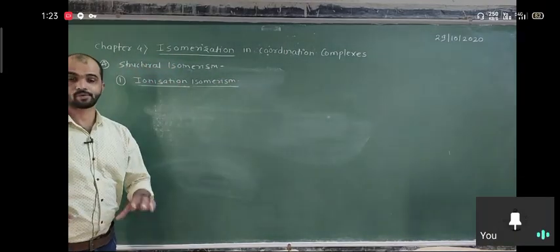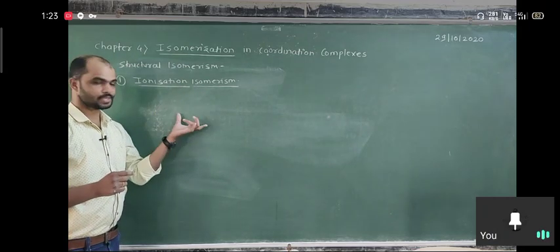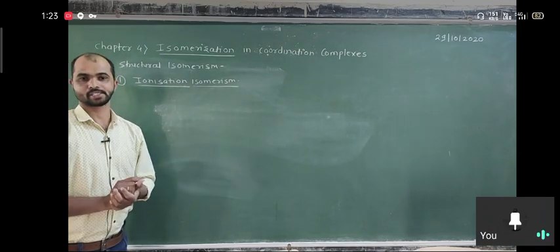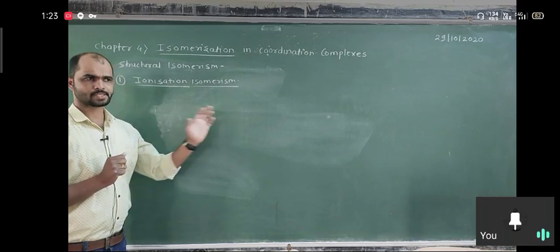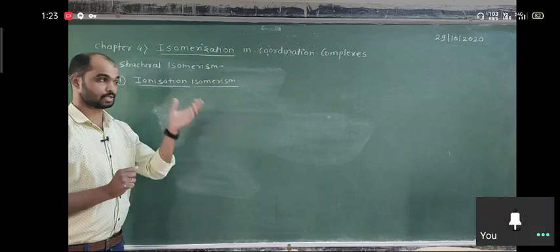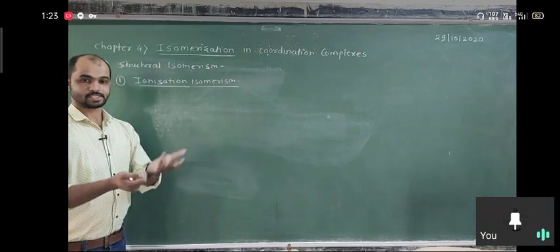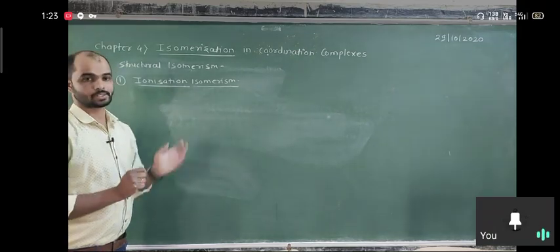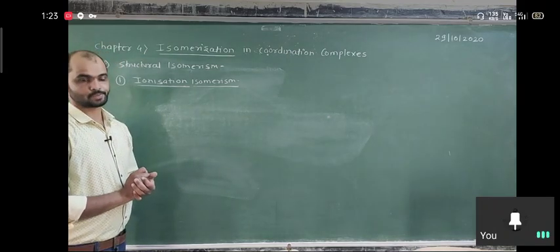What is the meaning of ionization isomerism? It is isomerism due to the presence of different ions in complexes which have the same molecular formula. Two complexes have the same molecular formula, meaning the same number of ligands and ions if we consider the whole compound, but if we ionize them they give different ions, though overall the molecular formula is the same.